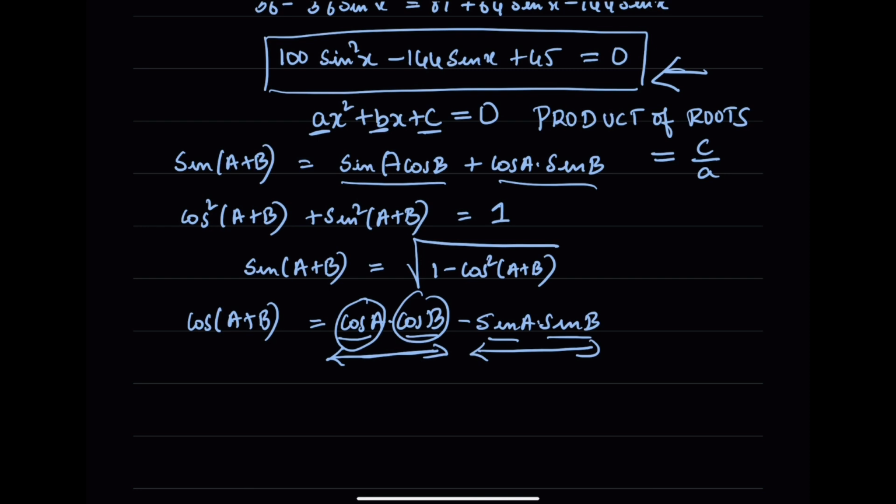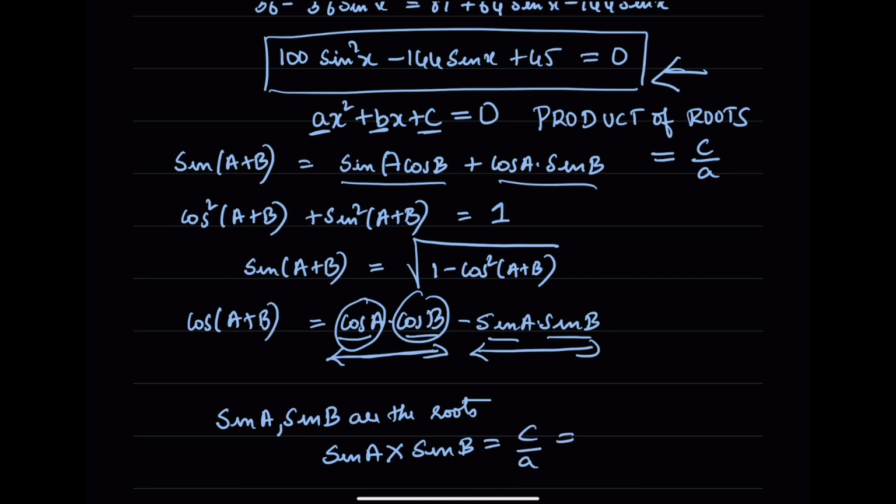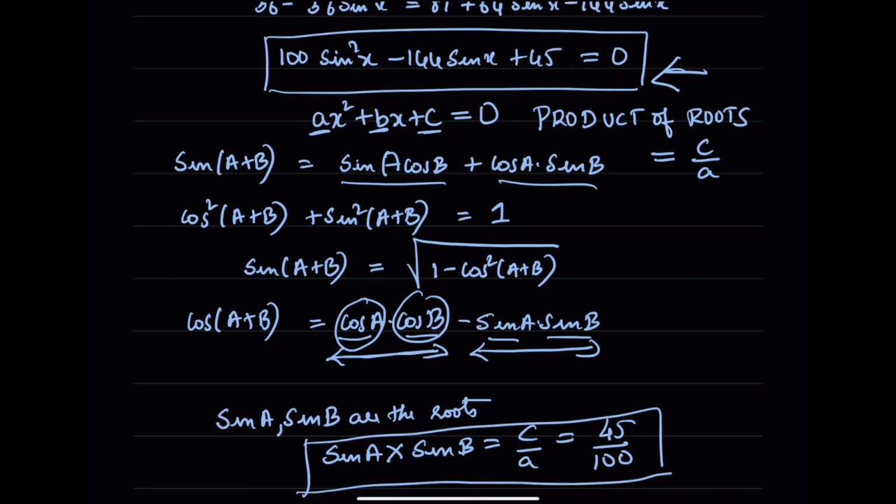In this case, if sin a and sin b are the roots, then sin a multiplied by sin b is equal to c by a, which is 45 by 100. So we know what sin a multiplied by sin b is.